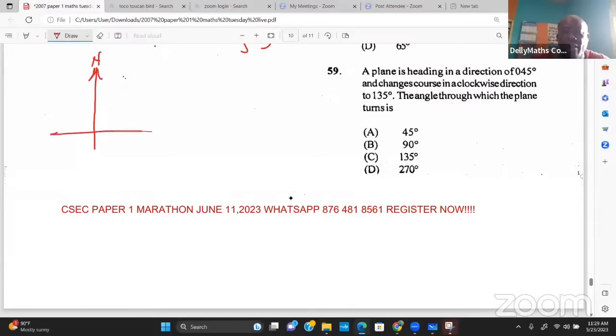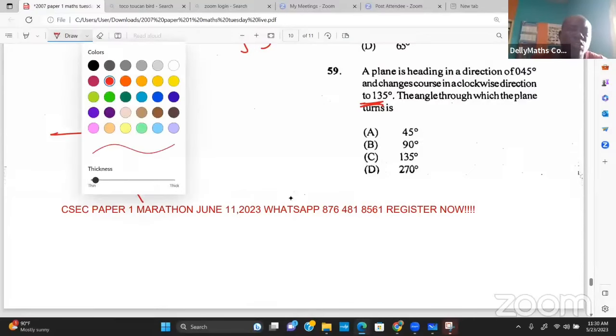So if my first bearing was 45 degrees, it simply means that this angle here was 45 degrees. Now, they're suggesting that the plane has now gone to 135. 135 is going to come all the way down this section.